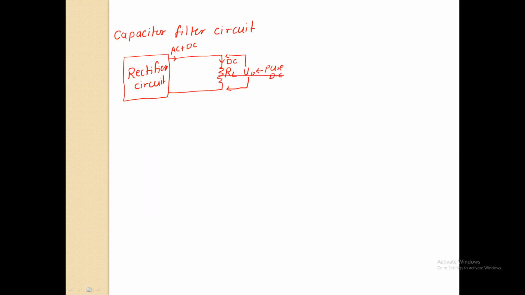But how is it possible? So we have to do it with the help of a capacitor filter circuit. And now let me say that when one proper value of a capacitor is connected in parallel to that load resistor RL, our purpose is served. Our purpose is served. Means what?